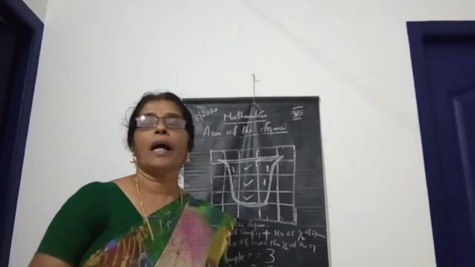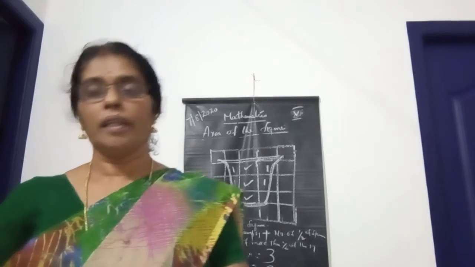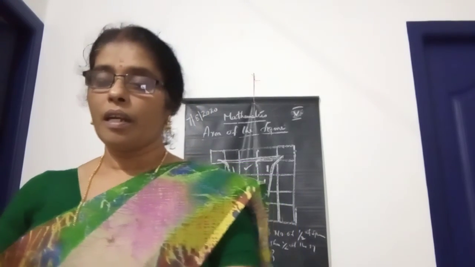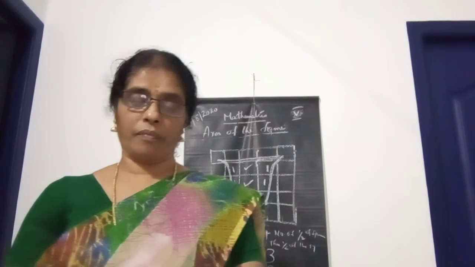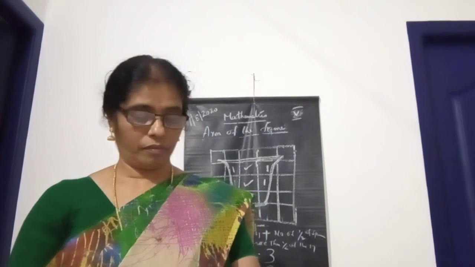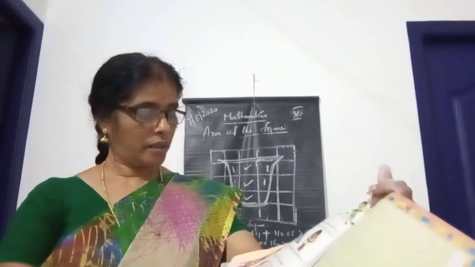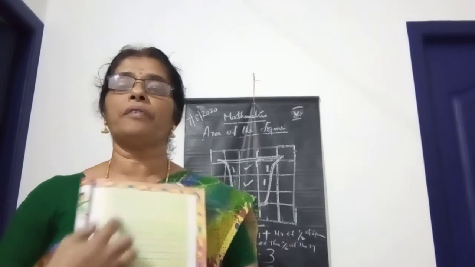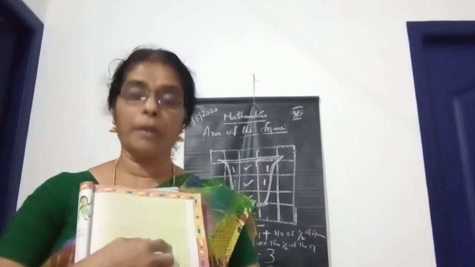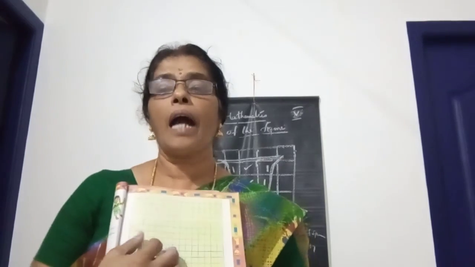Okay. Everyone who wants to draw any other picture, or you can draw a flower on this square paper, and you can find out the area of that flower. Yes children, you can make use of this paper and draw your hand here.